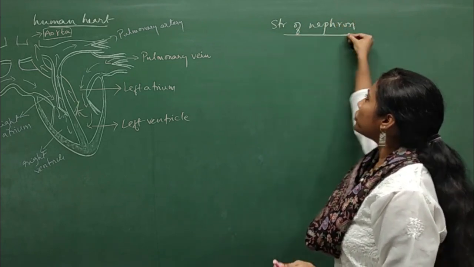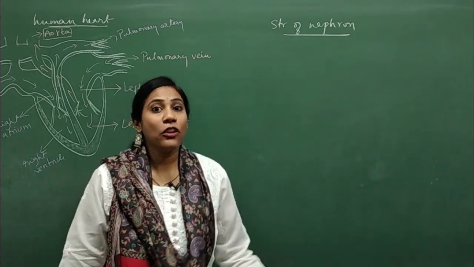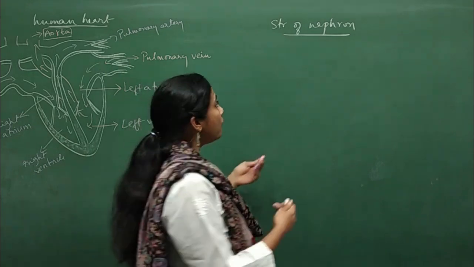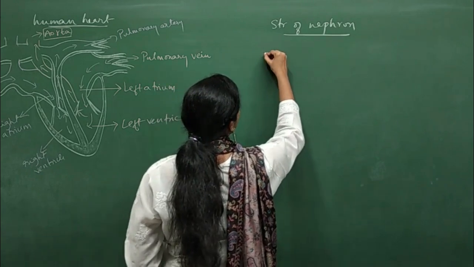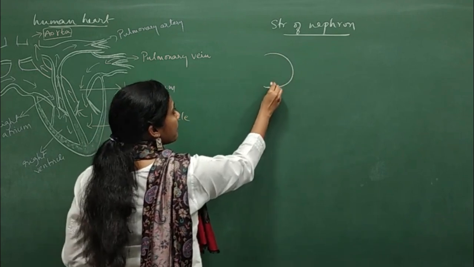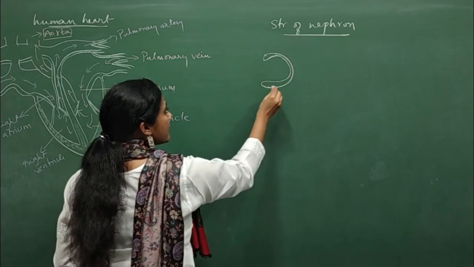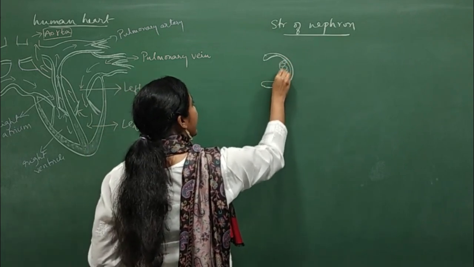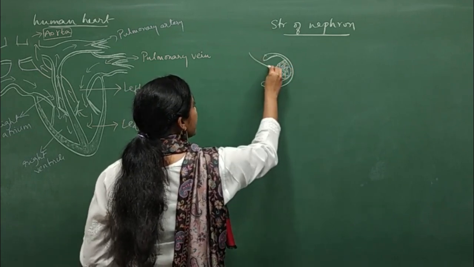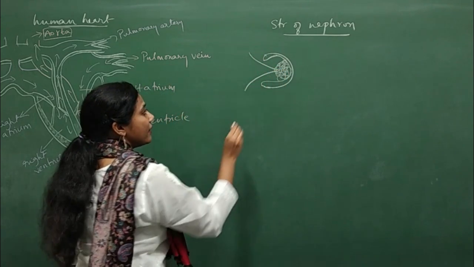If you draw according to the textbook, it's very good, but if you find the textbook diagram very difficult, then you can follow this pattern like I am showing you now. Just draw one C shape, right, and that one again something like this. So this is your C-shaped structure, and inside this you try to show some curves, and this is one line to the curve, and this is another line, right?